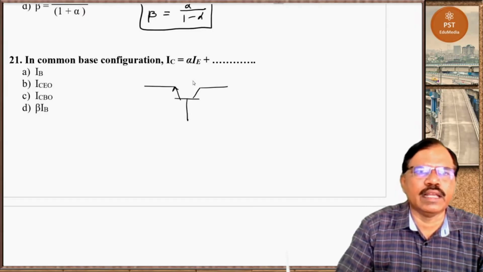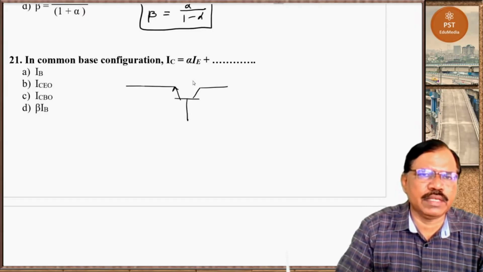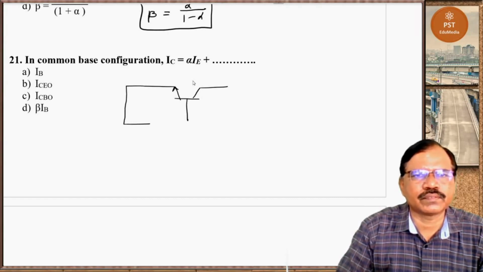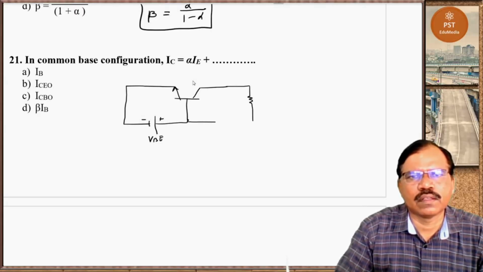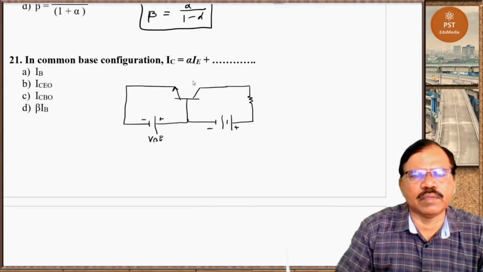So you can take NPN transistor, you can take PNP transistor. VBE plus minus, plus minus.